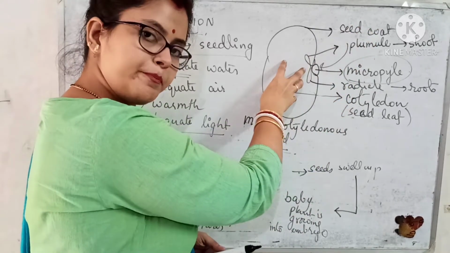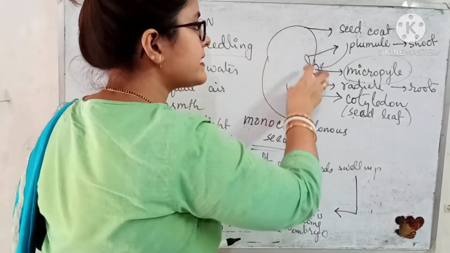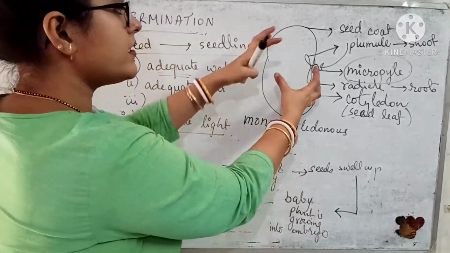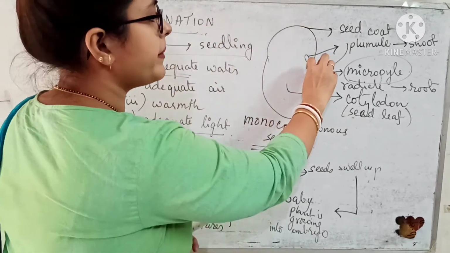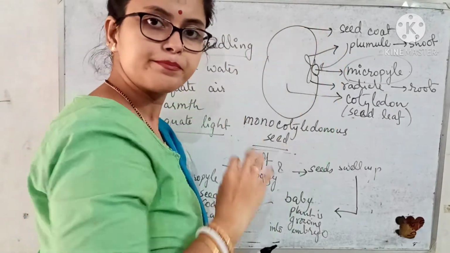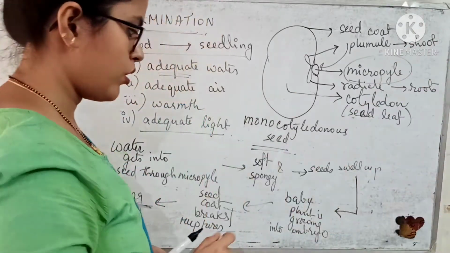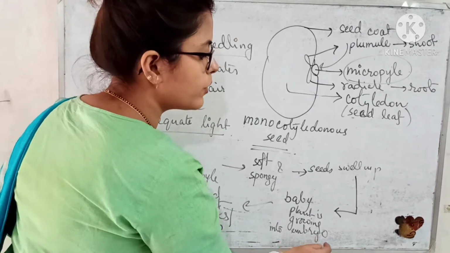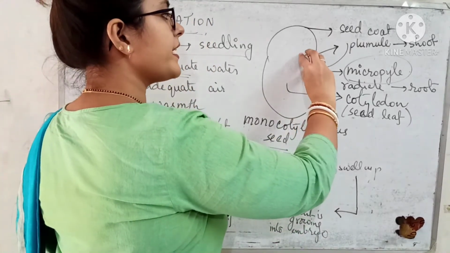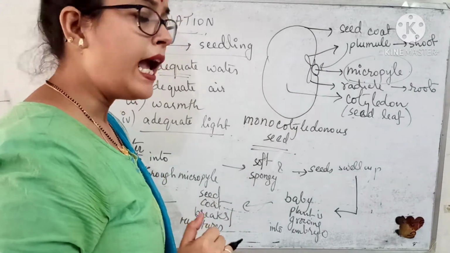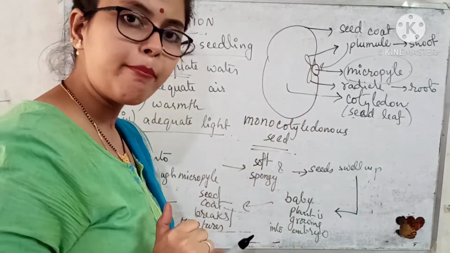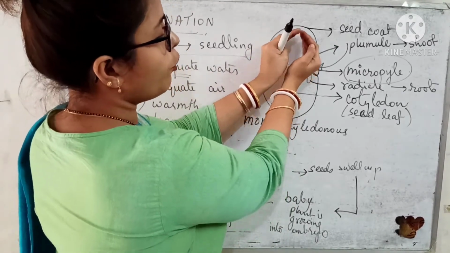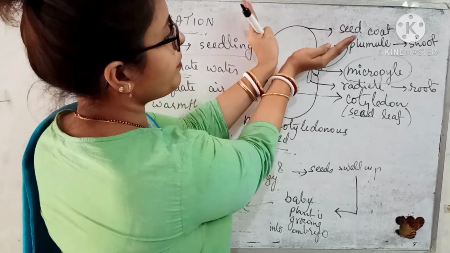Water gets into the seed and makes the hard seed coat soft and spongy, and the seed also starts swelling up because the baby plant in the seed is growing into the embryo. At one particular time, the seed swells up so much that the seed coat breaks open.